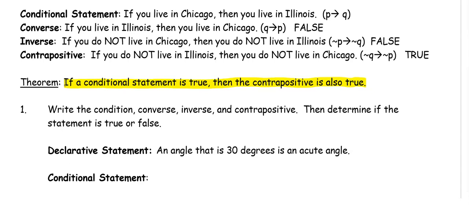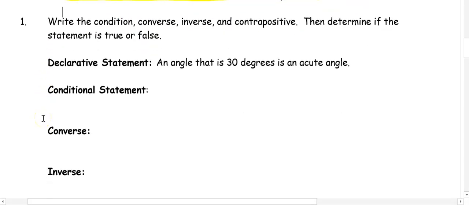So let's just practice right now writing the conditional, converse, inverse, and contrapositive, then determine if the statement is true or false. So the declarative statement here is if an angle is 30 degrees is an acute angle.